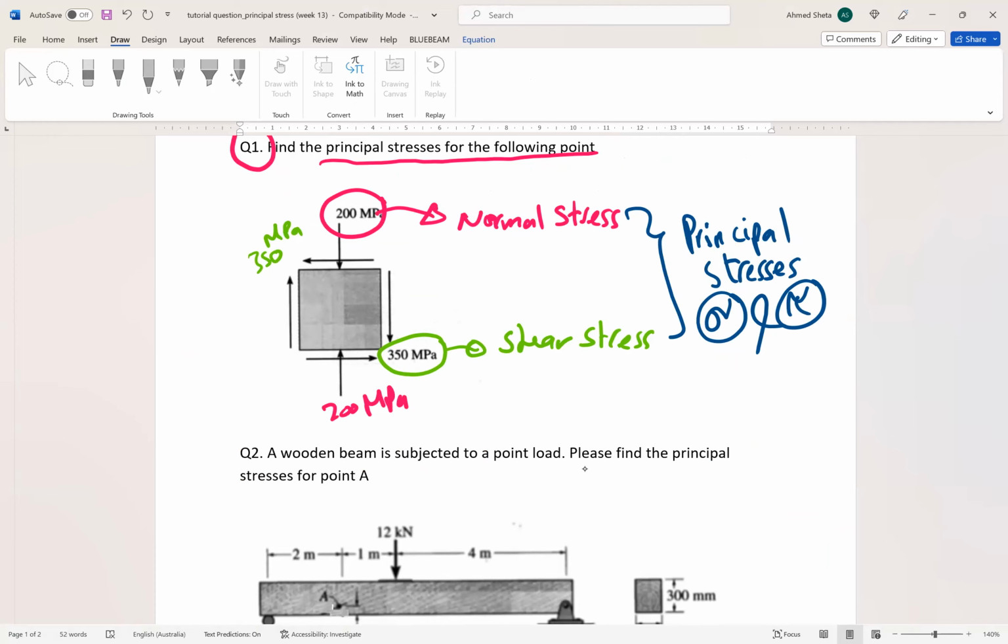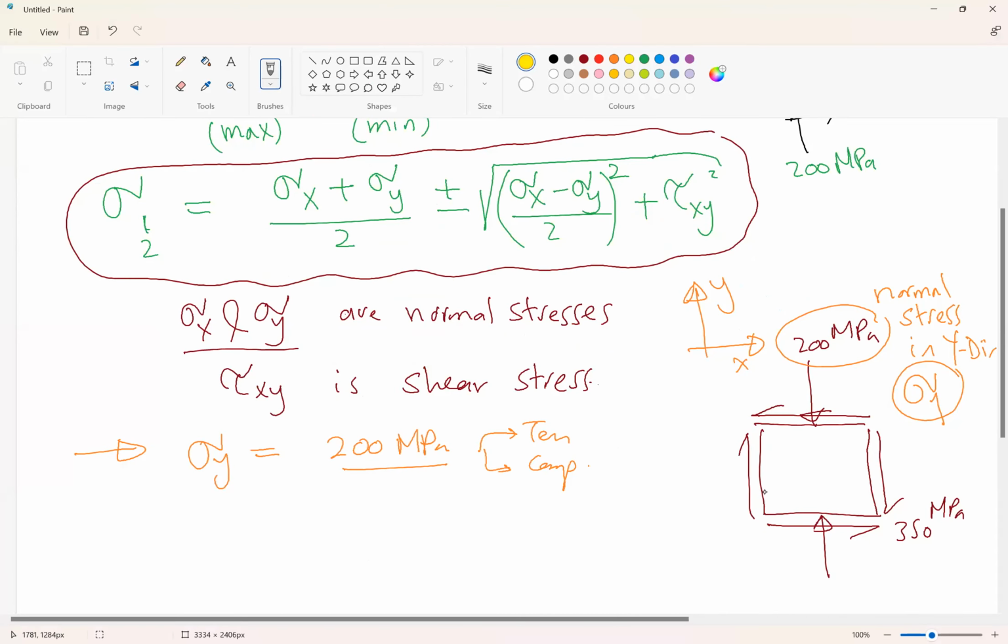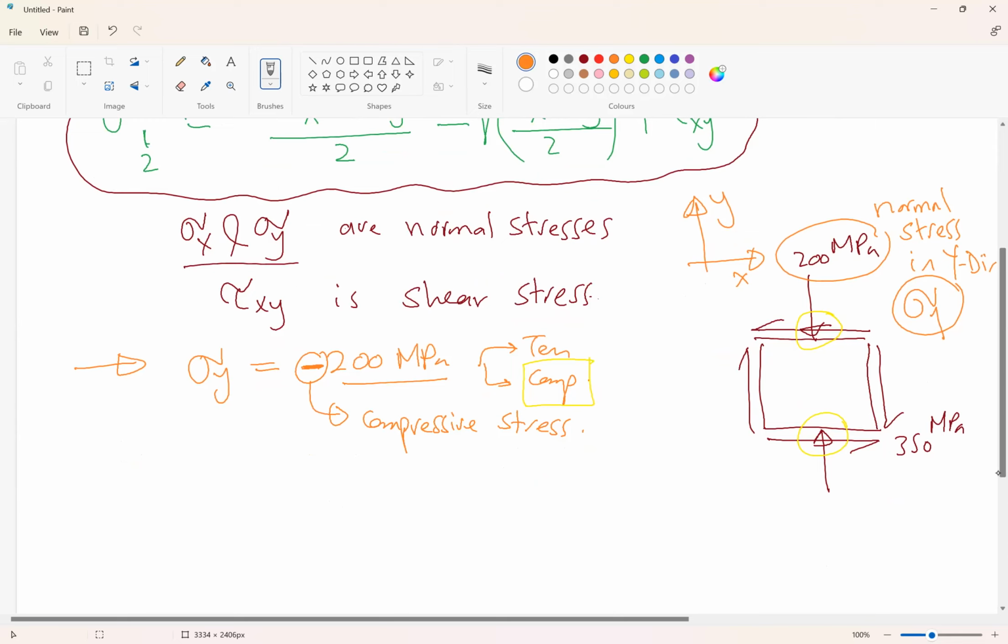So it is compression or tension? It should be compression, because the arrows are getting into the member or element. If it is compression, the sign for this stress is negative. So negative indicates compressive stress. Okay, so sigma y is negative 200.